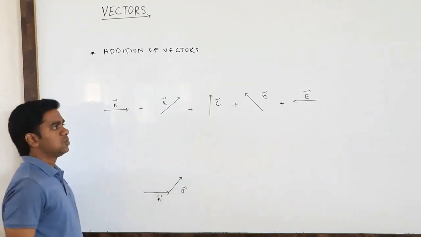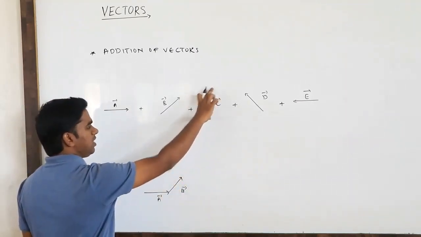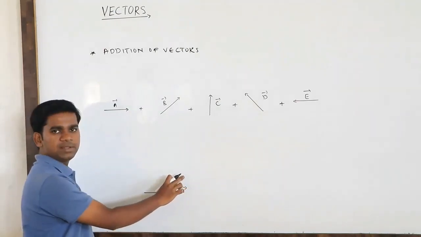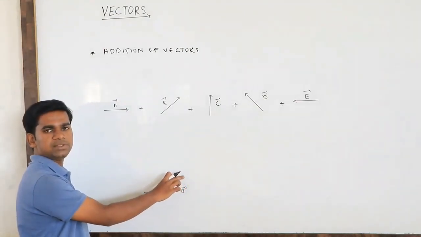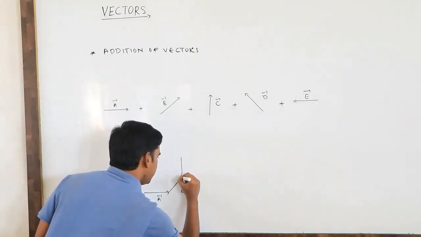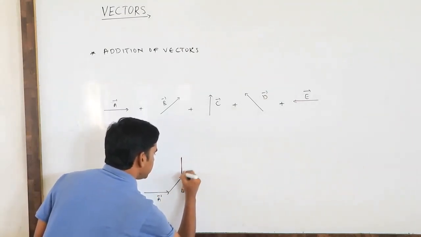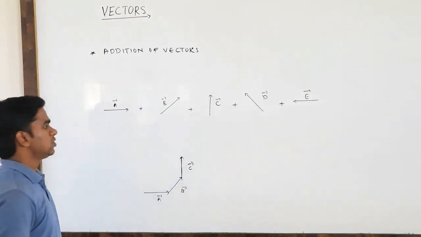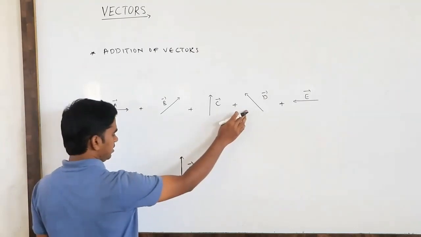So what about C? Take it and join it here. Tail should join with head, which means you should take it in the same direction and in the same order. So this is your vector C. Next, vector D is here.